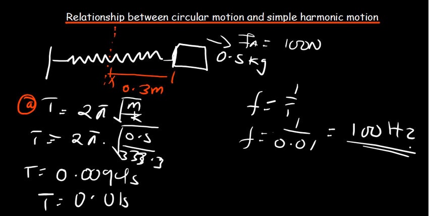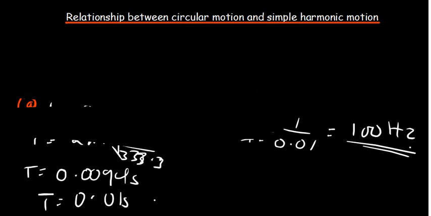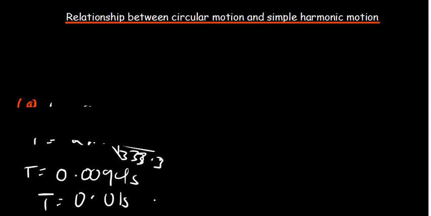Now what if we have something else? What if we have a circle? Let's erase this. If we have a circle, then let's say maybe we have that.